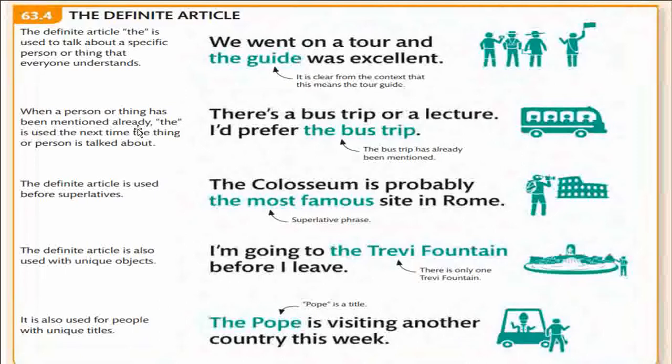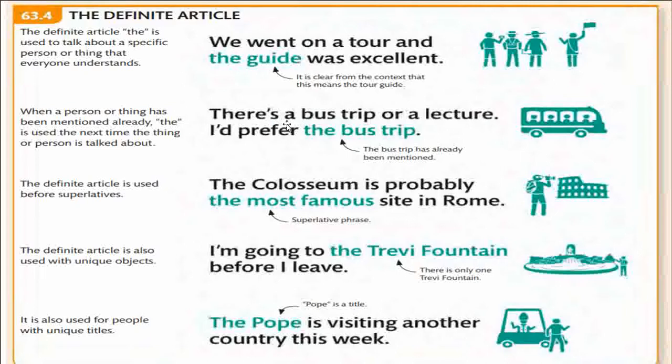So we know that you're pointing out to the school where John had gone. Now let us understand this. When the person or thing has been mentioned already, the is used the next time the thing or the person is talked about.